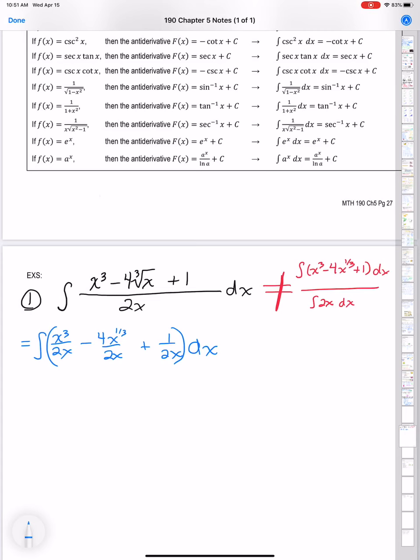And when we are dividing with the same base, we subtract our exponents. So the first term, I'm going to think of that as 1/2, a constant multiple, times x to the second power, minus, reducing 4 divided by 2, and then x to the 1/3 minus 1. So 1/3 minus 3/3, that's an x to the negative 2/3.